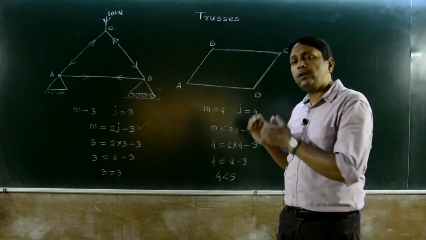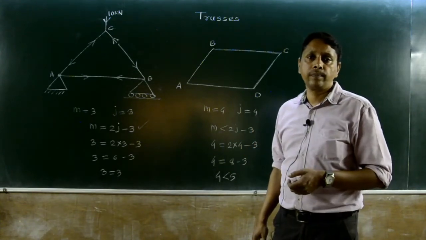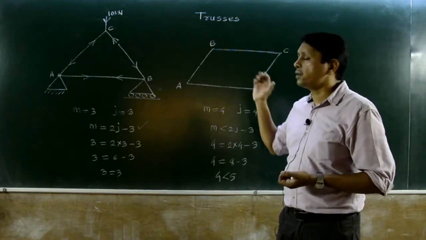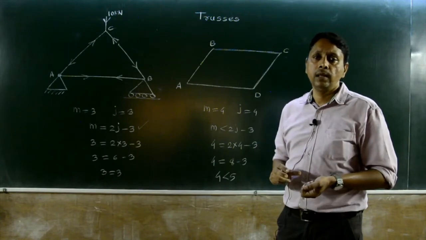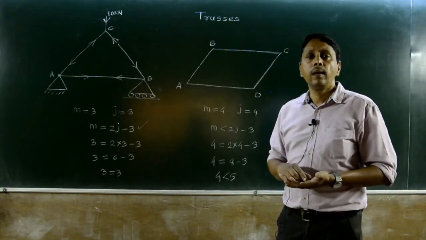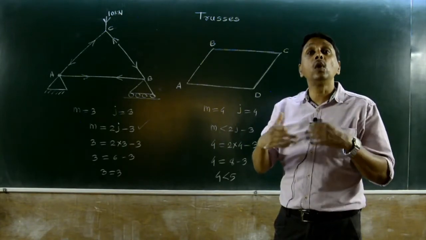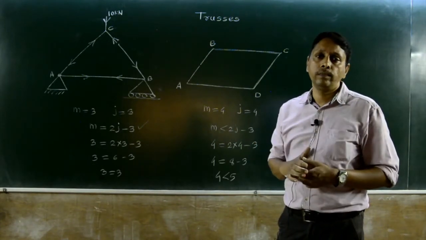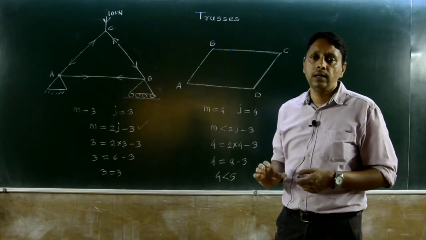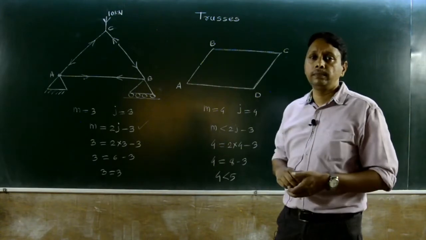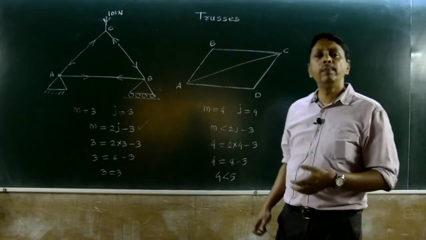In this truss there is a deficiency of one member. Therefore it is an unstable truss, or imperfect truss, or deficient truss. When we apply load on such a truss, it collapses under the action of load. Therefore they are also called imperfect, unstable trusses. When we add one more joint and one more member, it becomes perfect.